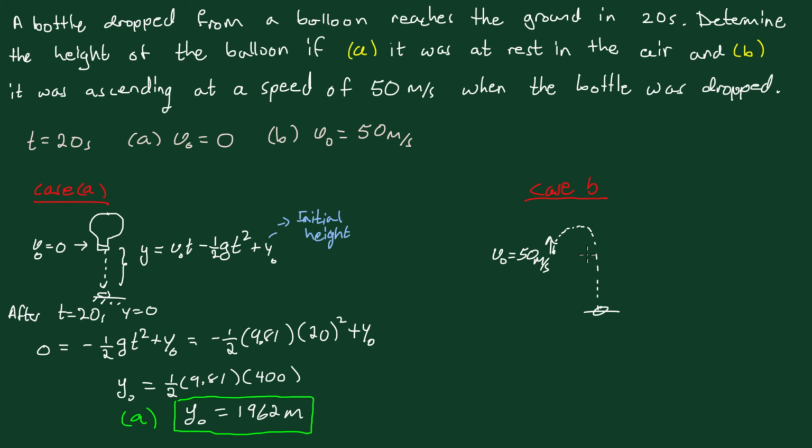So again we can write the height formula for the bottle as y equals v0t minus 1/2 gt squared. And then let's not forget the initial height from which it was dropped, so plus y0.